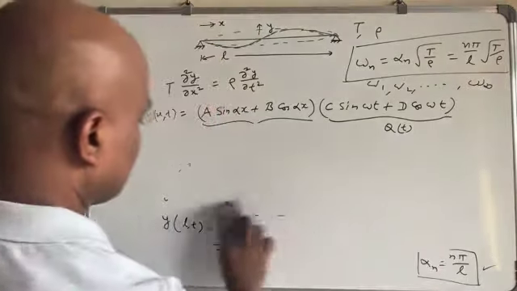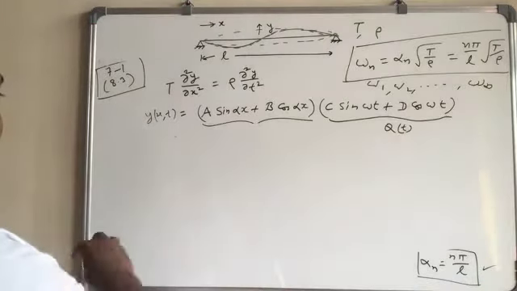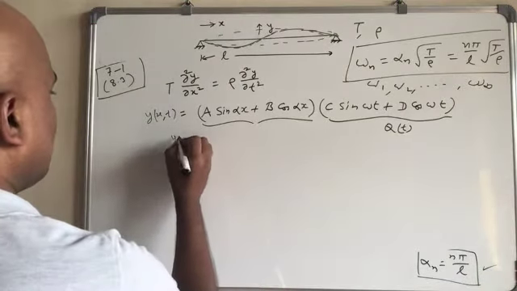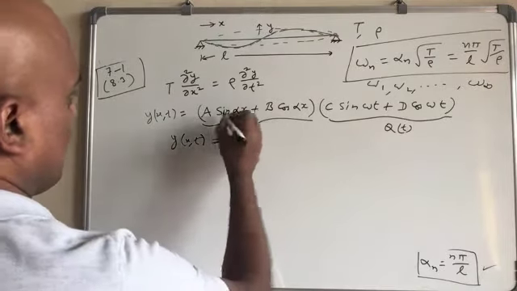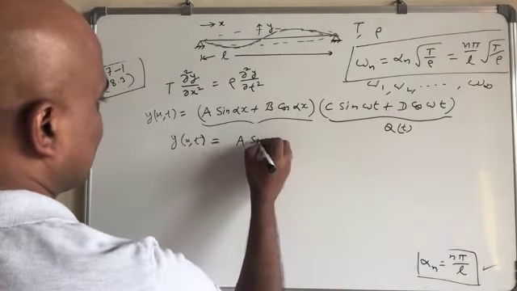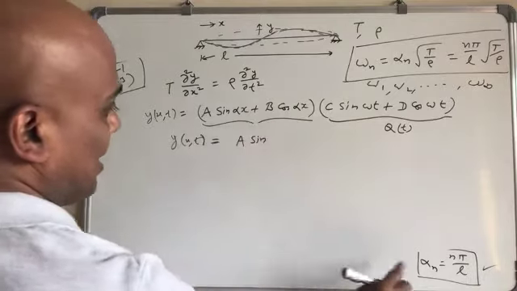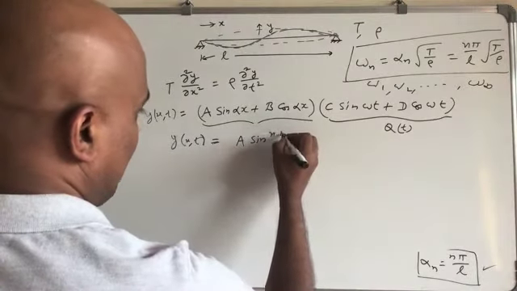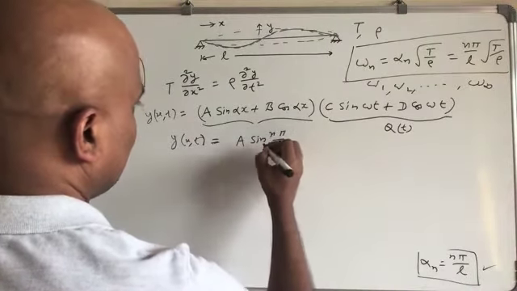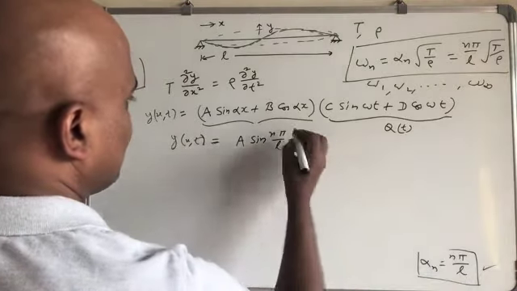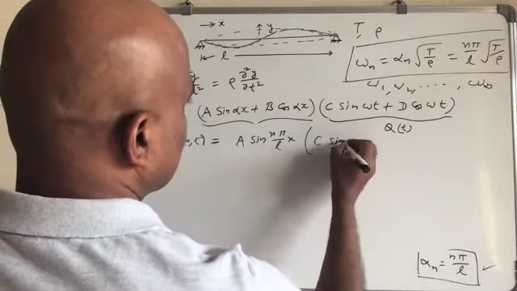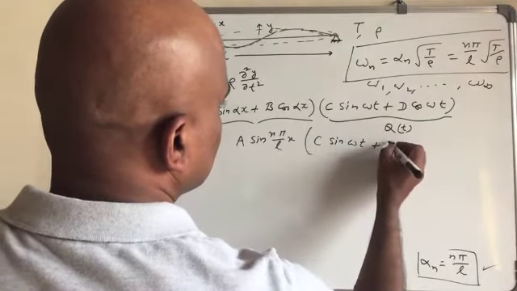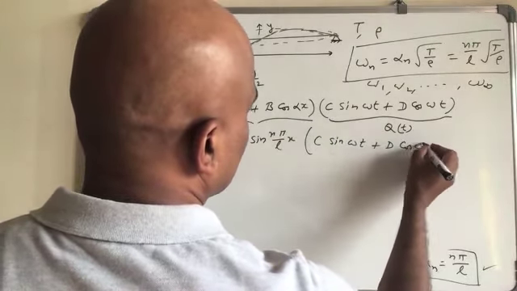So the final equation we have is y(x,t) equal to a sine alpha x, where instead of alpha we have n pi over L, times x, and then c sine omega t plus d cos omega t.